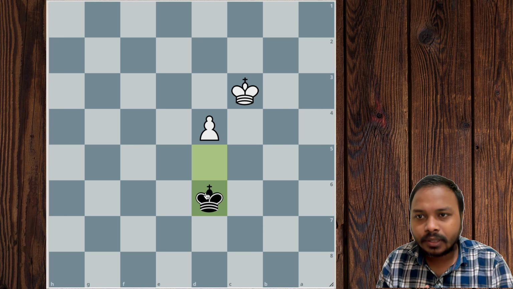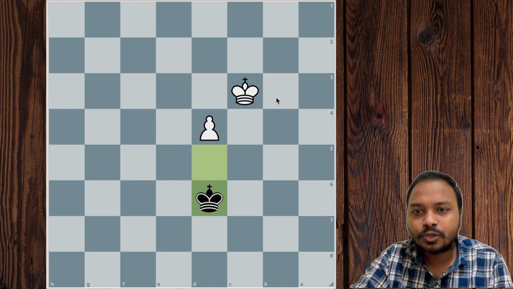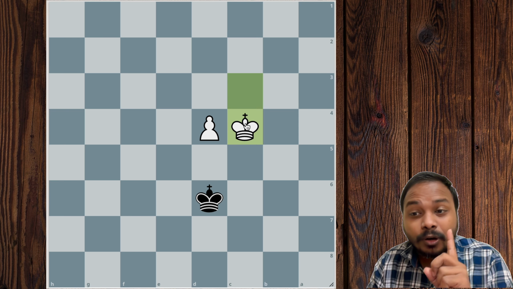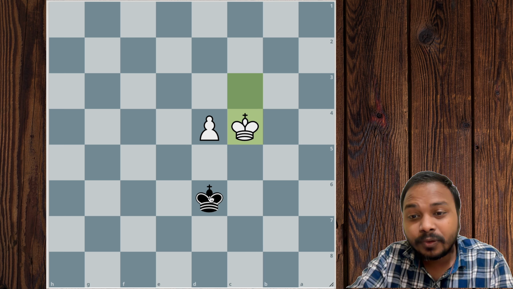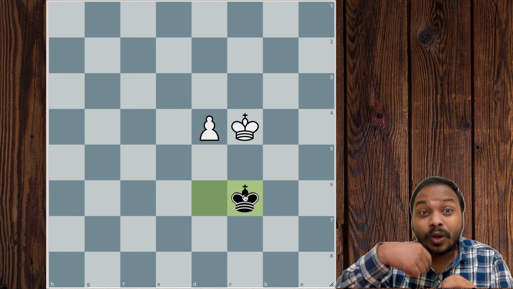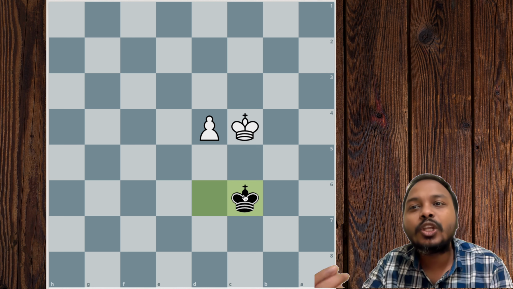And whenever the opponent king comes up, like king to c4, what move will you play? You will move the king to c6. So what are you doing? You are taking the opposition. So the game will go in your favor.